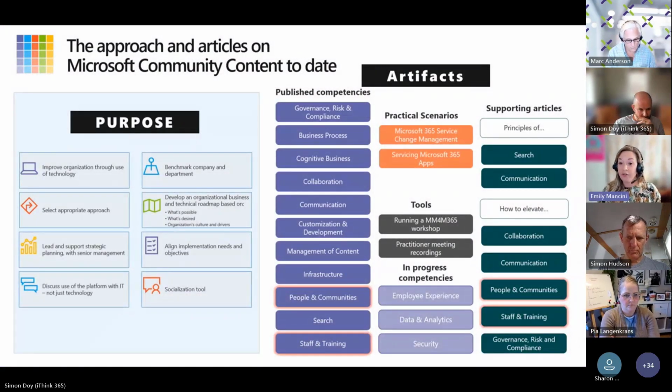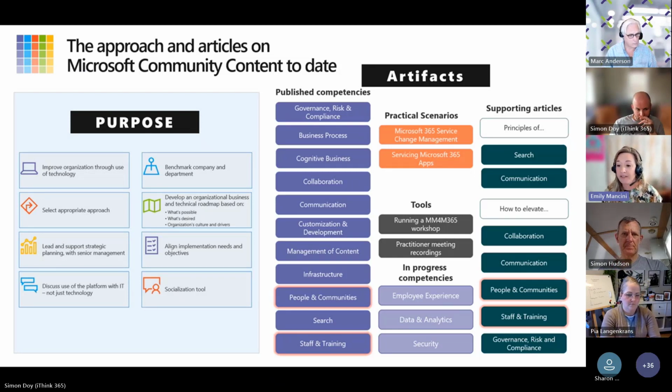So as we saw at the beginning of this call, this is our current approach to the maturity model for Microsoft 365. We have our purpose focused on improving the organization through technology, making sure we're selecting that correct approach, creating this framework where we really have a common language outside of just IT subject matter expertise, so we can talk about these outcome objectives across the organization and how Microsoft 365 can support any of those objectives.